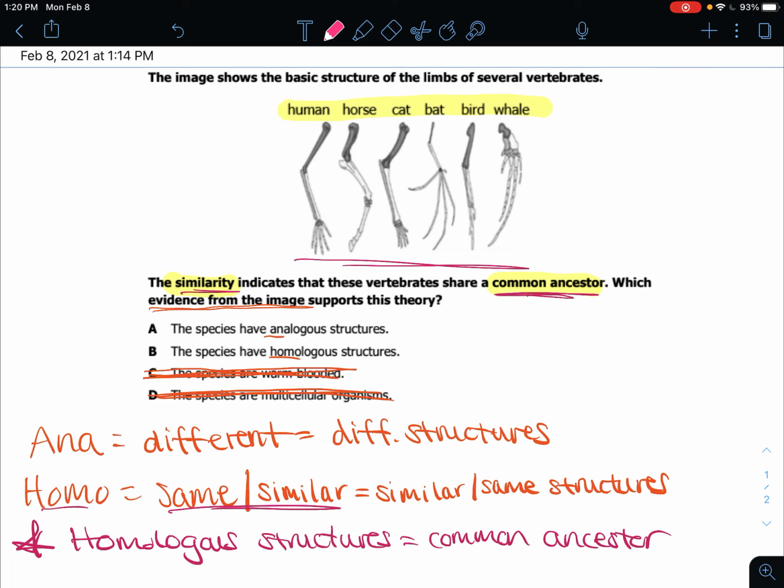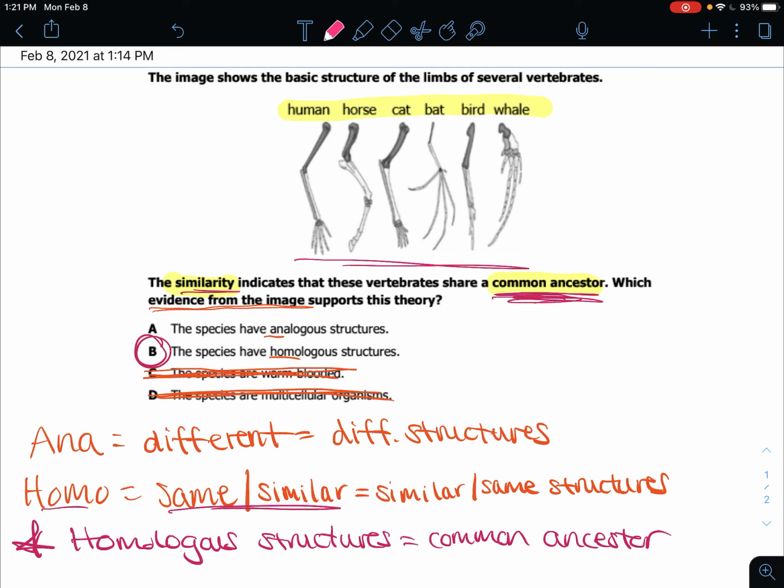And you can even look at these bones. It's not very clear in this picture. Normally they show them in different colors, but if you look at these bones up here, they are all very similar in these structures. Same with, it's like they have fingers almost. They look very similar. So we have a lot of similar structures or homologous structures that show that common ancestor.